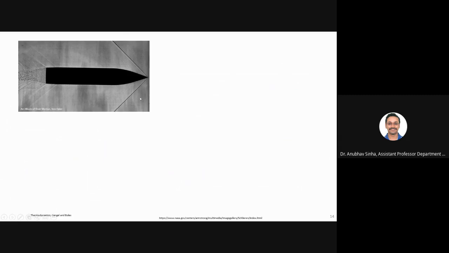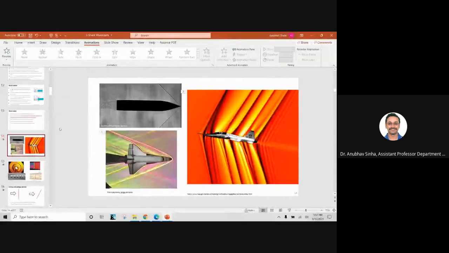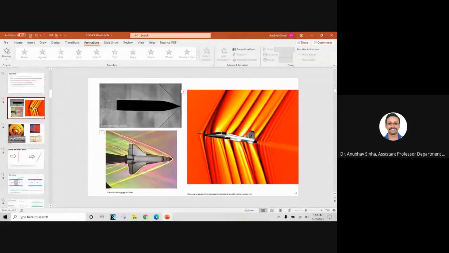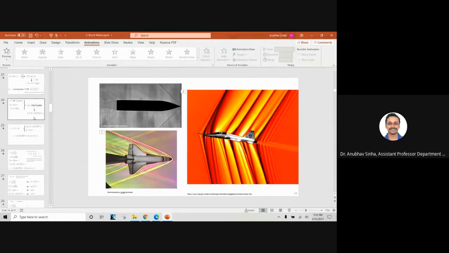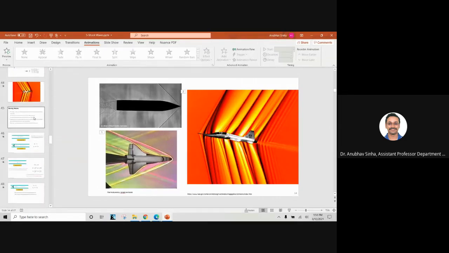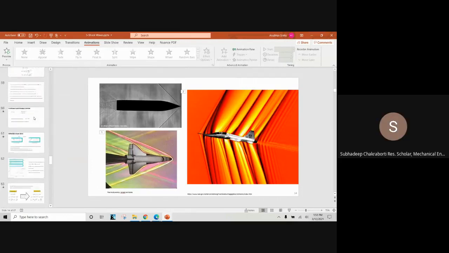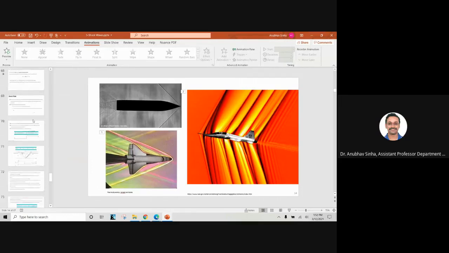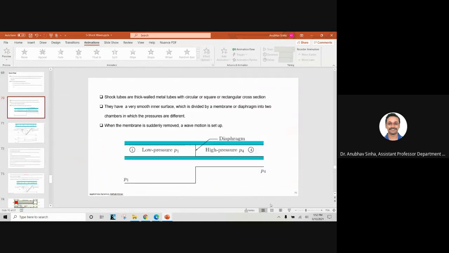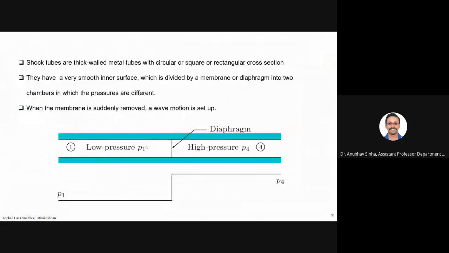So it doesn't require a big body. Even if there is something small coming out from the wall, that will also create a shock. Is this clear or not clear? Are you getting what I'm saying? Yes. I actually made it a little big, but there will be a lot of small ones.